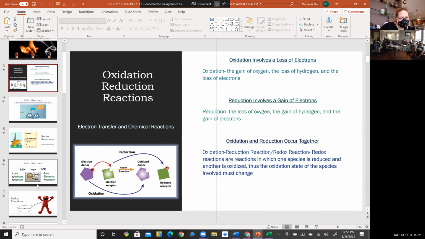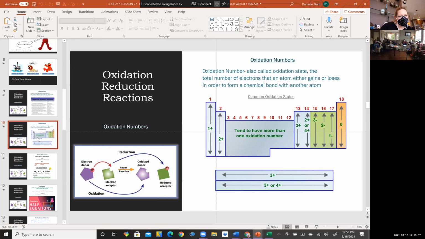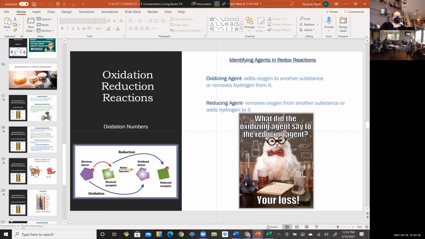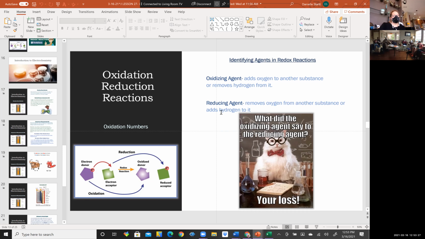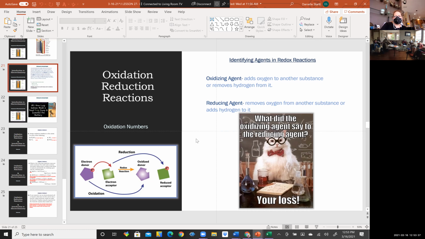Oh, there it is. A reducing agent removes oxygen from another substance or adds hydrogen to it. So if it adds hydrogen, that means it loses electrons. Right, there you go. Where were we? We were here. Okay.